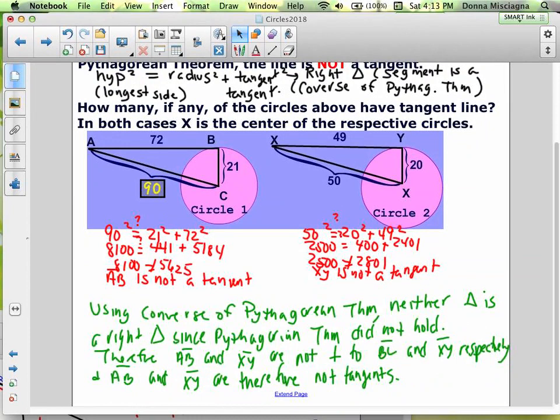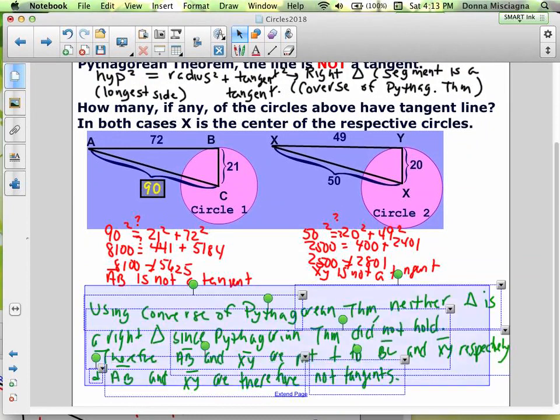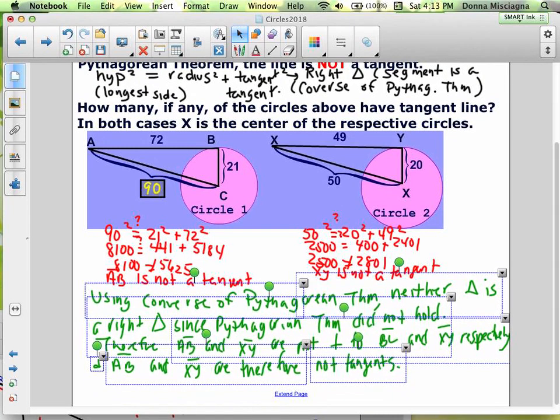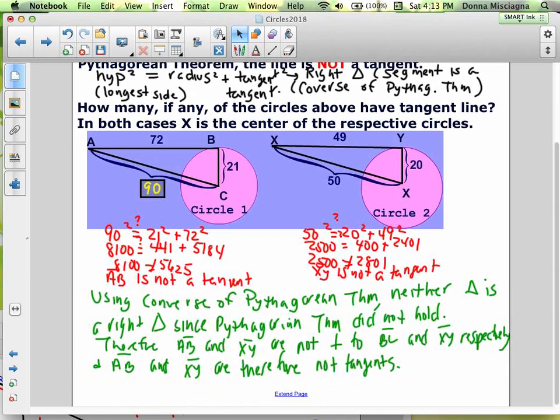So when you're asked to explain something, this would be considered an explanation. Some vague gibberish, leaving the reader to interpret, is not an explanation. Here, I'm not leaving anything for you to try and figure out. I'm telling you what theorem I used, what we discovered, and why.